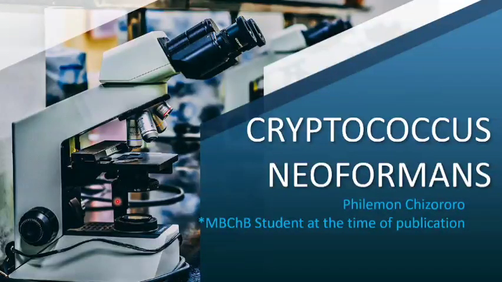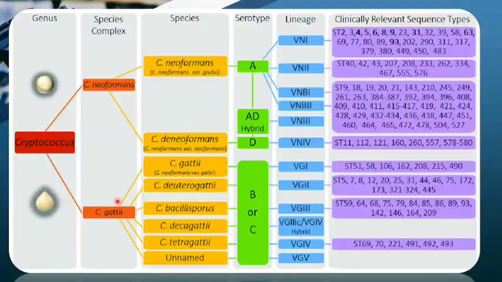So in this video, we'll be talking about a fungal infection that leads to cryptococcal meningitis. That specific one is called Cryptococcus neoformans. Cryptococcus in general, we talk about two medically important species complex: Cryptococcus neoformans and Cryptococcus gattii. But I won't talk much about this one because it is not the most common cause.